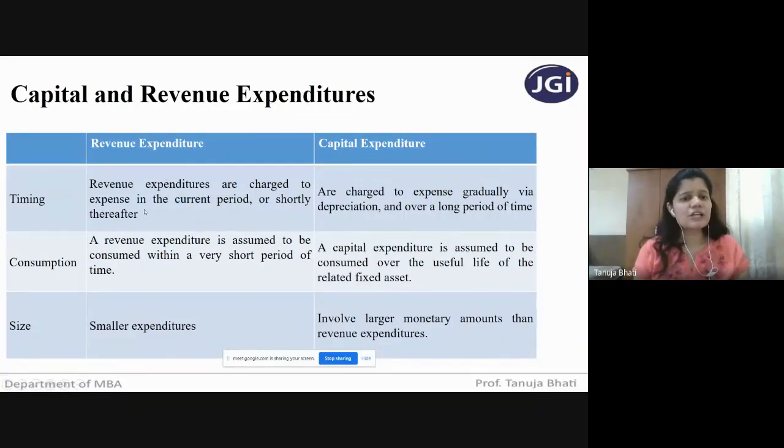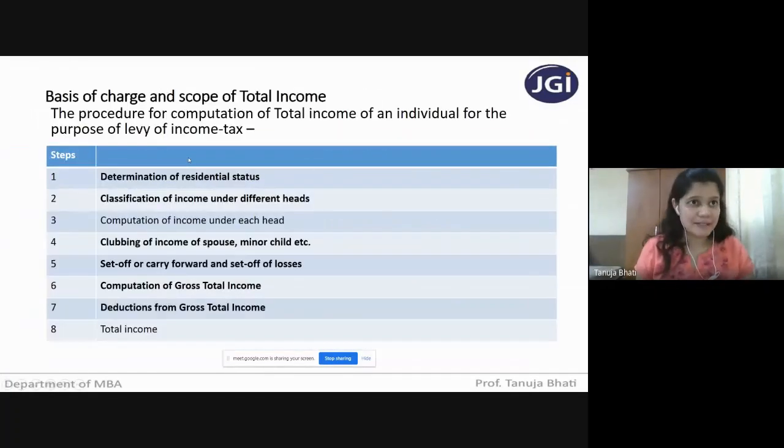Revenue expenditures are charged to expense in the current period or shortly thereafter. For example, revenue expenditures are expenditures that happen regularly, again and again, recurring in nature, whereas capital expenditures are those that happen over a longer period of time. For example, suppose I'm running a business.